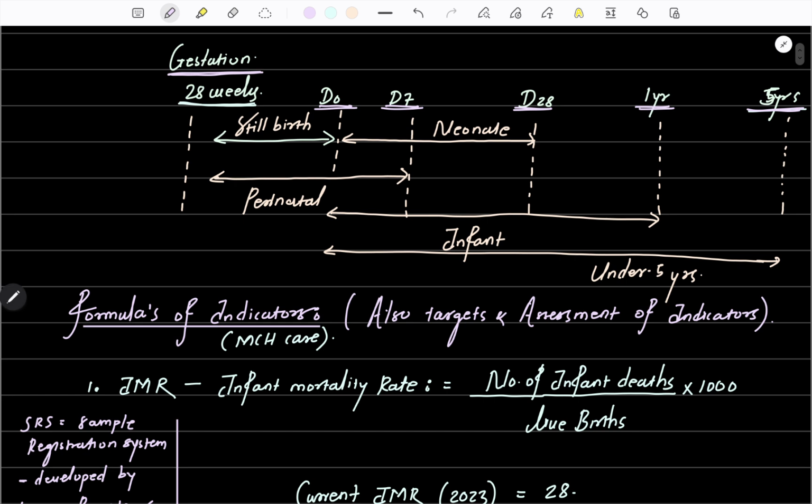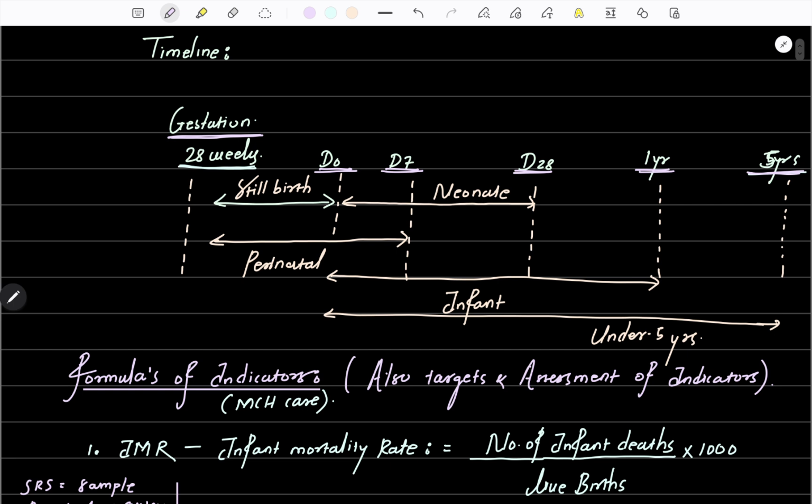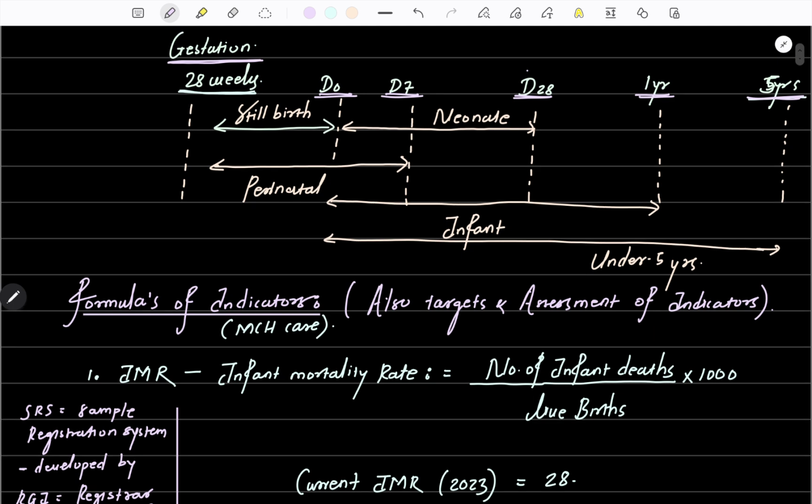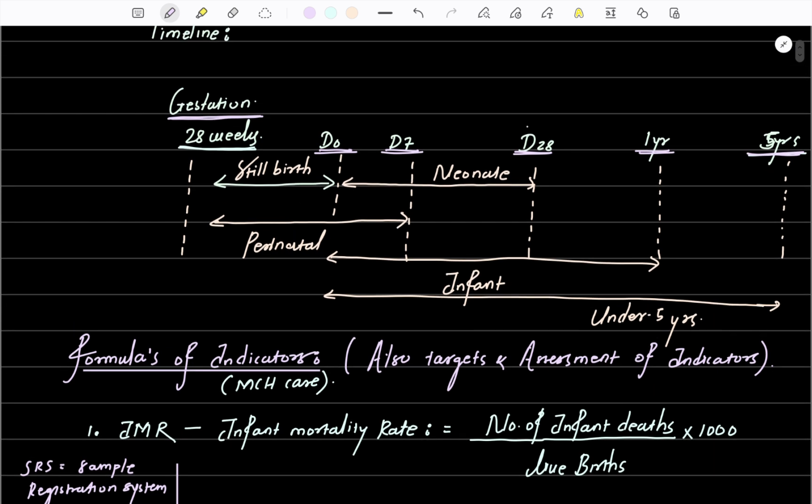Then from 28 weeks of gestation to day 7 is the perinatal period. From day 0 to day 28, after birth, is the neonatal period. From day 0 up to 5 years, it's under 5 years.